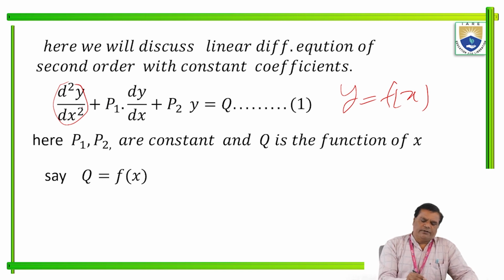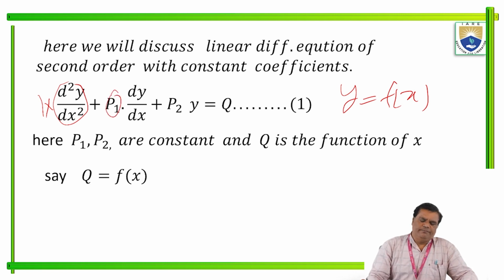Here, the second order derivative is multiplied by the number 1. In the general equation, only one number is multiplied with the second order derivative. Now the second function is P1.